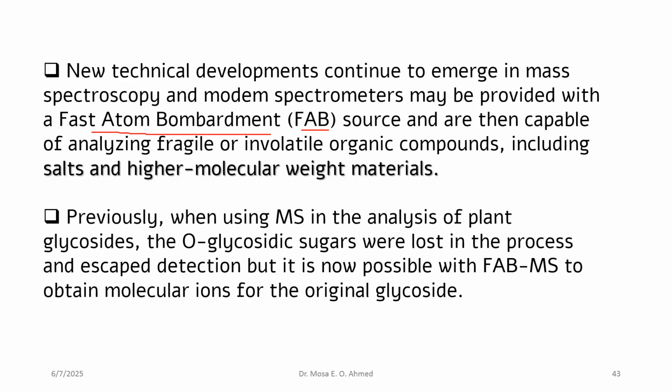Also, the advancement in the FAB source makes MS useful to identify glycosides, especially O-glycosidic sugars, which are lost during the process of fermentation. Now it is possible by using FABMS to obtain molecular ions for the original, or intact, glycoside.